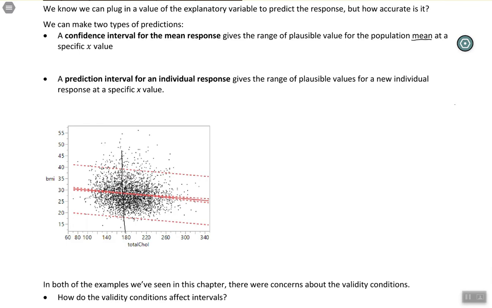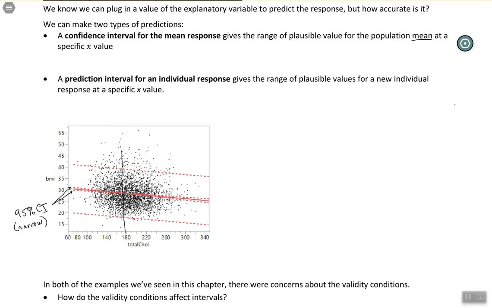We want to know what's the mean BMI for that person. So that's what a confidence interval tells you, and that's the narrow one here. So when you're trying to estimate the mean, you're going to use this narrow interval. So it's a 95% confidence interval, and this is the narrower of the two that are shown.